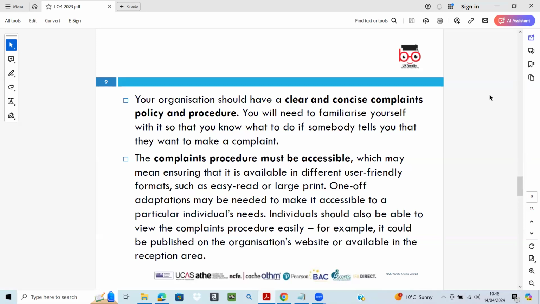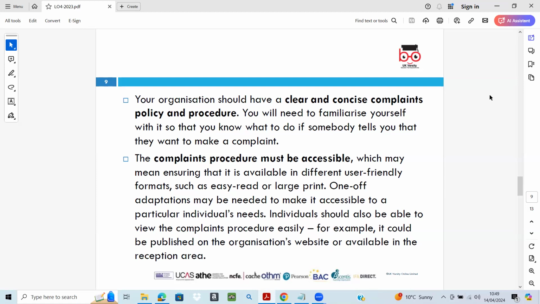The availability of the procedure is also important. Publishing the complaint policy on the organization's website, which I discussed earlier, is something most organizations do, and also having physical copies in common areas. Mostly we have those in the reception area, so that everyone can access it easily.